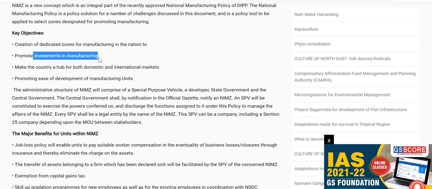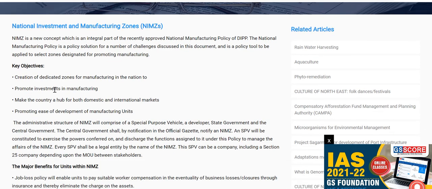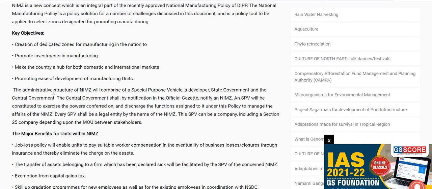The objective of the national manufacturing policy was to ensure that the manufacturing sector, which lags behind in its contribution to GDP, contributes 25% of GDP, and to make India a manufacturing hub and generate 100 million jobs. With this objective, these dedicated units known as National Investment and Manufacturing Zones were created.